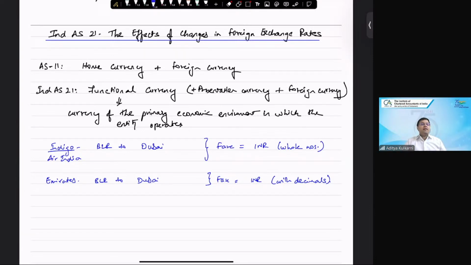They think about the INR public, and then they do the pricing, because their operations are affected by virtue of their operations within India, in the sense that it is the Indian market that influences their pricing.